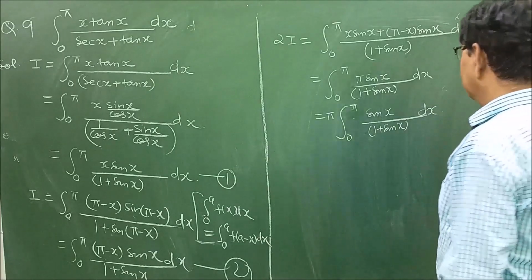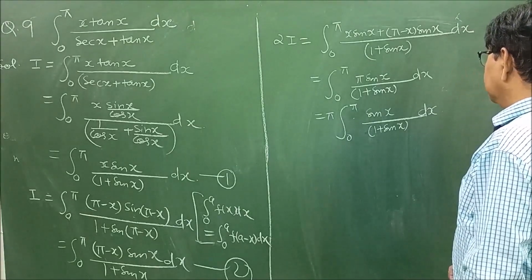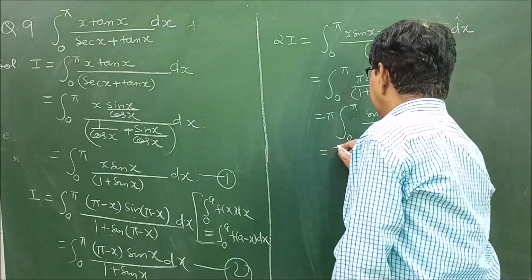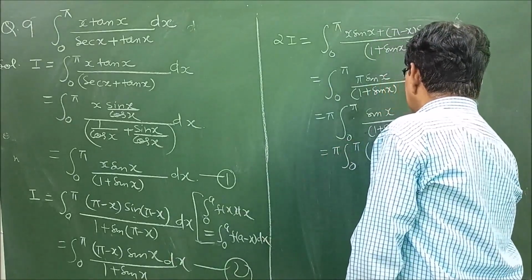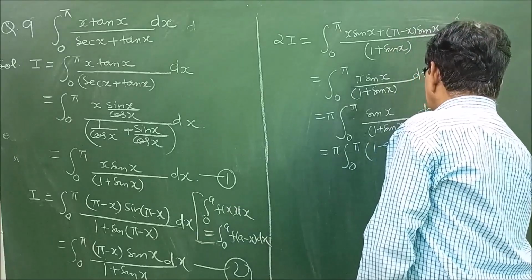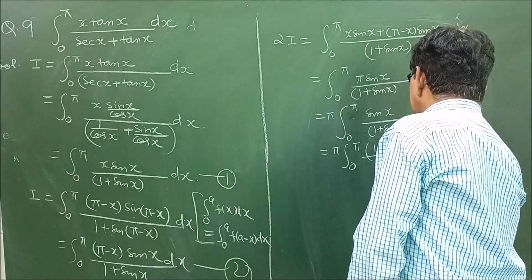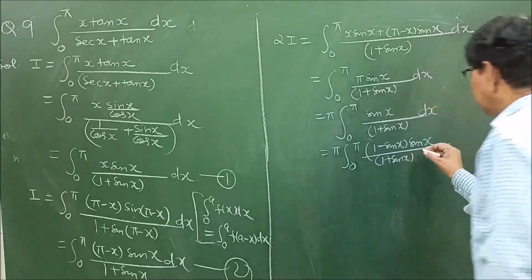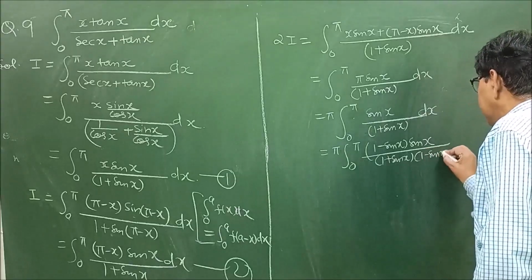Now if we multiply by 1 minus sin x, then pi, 0 to pi, 1 minus sin x into sin x upon 1 plus sin x into 1 minus sin x dx.